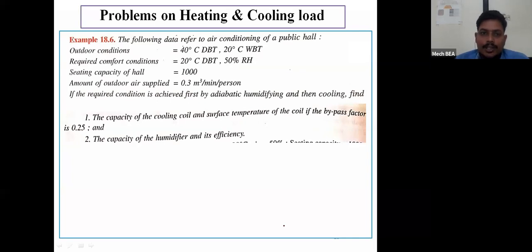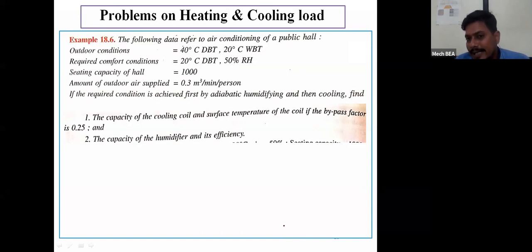Until and unless you try to solve the problem on your own, you will not get where you are getting stuck or which point you haven't understood. So you may get 1 hour, 2 hours in between this lecture and the next lecture. Also you are having a 1 hour lunch break.